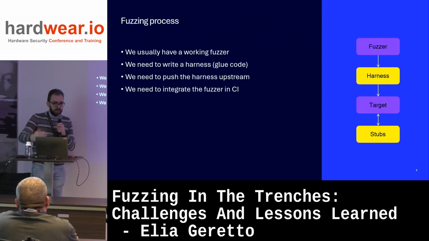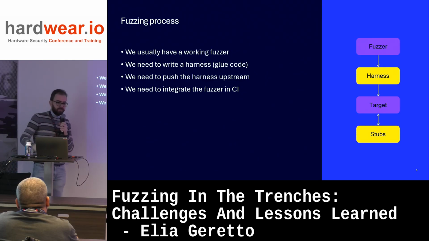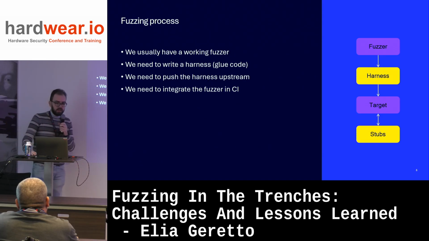You want to be able to catch that bug as well, hopefully with automation. That would be great, right? So you need to push your harness to the code base, and then hopefully manage to integrate it somehow in a CI environment that always pulls the latest commit and tests it, right?